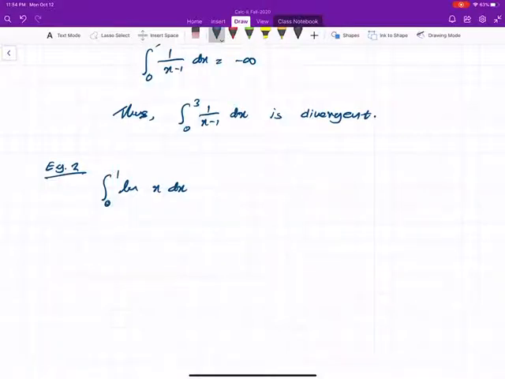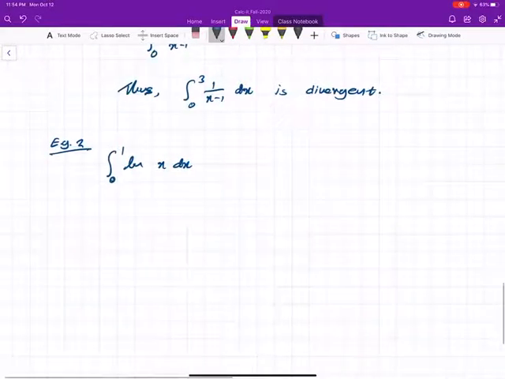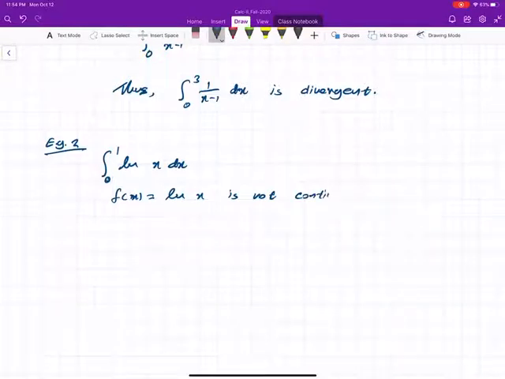So the thing is, ln x is not defined at 0. Your function f of x is ln x, which is not continuous, or it is not defined, or not continuous means not defined in this case.